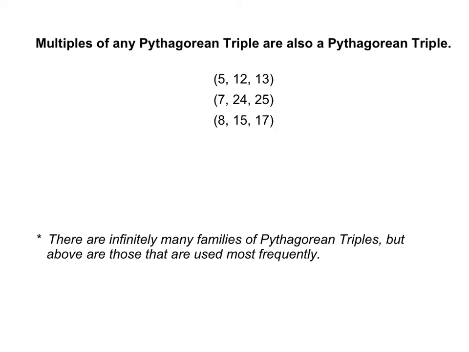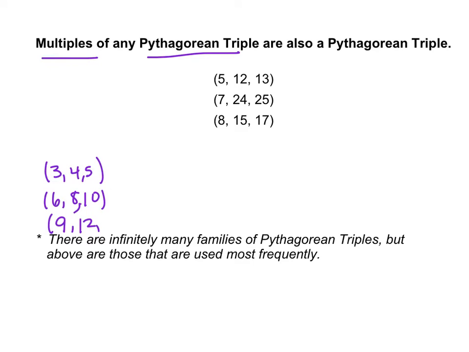So we already saw that multiples of any Pythagorean triple are also a Pythagorean triple. We had before 3, 4, 5. We multiplied those numbers by 2, so 6, 8, 10 was also a Pythagorean triple. We multiplied them by 3, and we got 9, 12, and 15. Those are all Pythagorean triples.